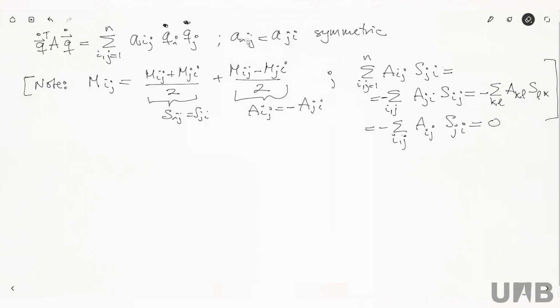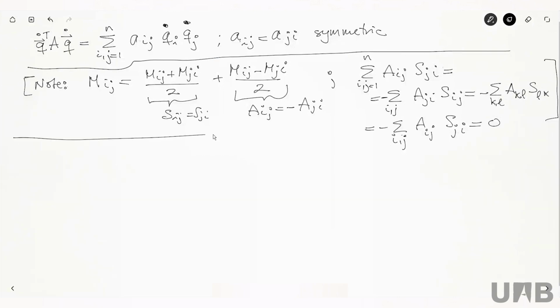Let me write this clearly like this. This is little a, so that you don't get confused with this capital A, which means an antisymmetric matrix. This is just a side remark. All right, so these coefficients here, I can take them to be symmetric.